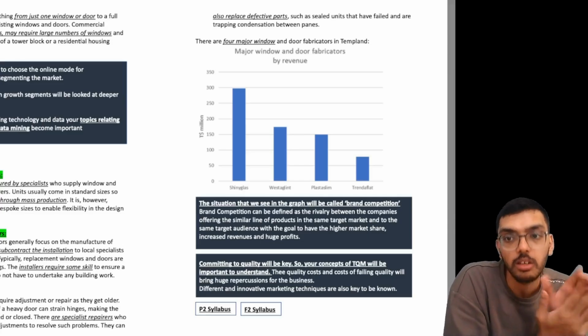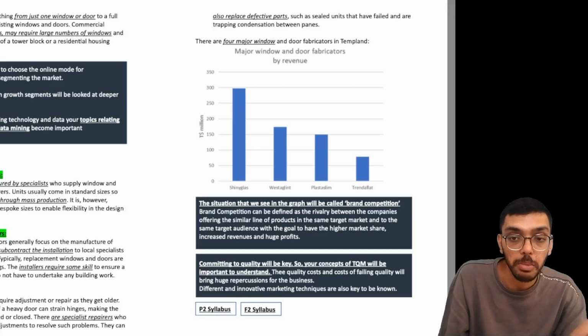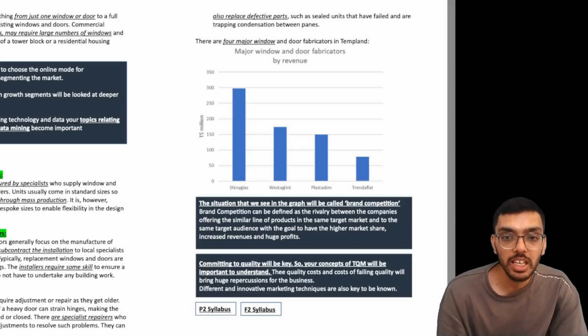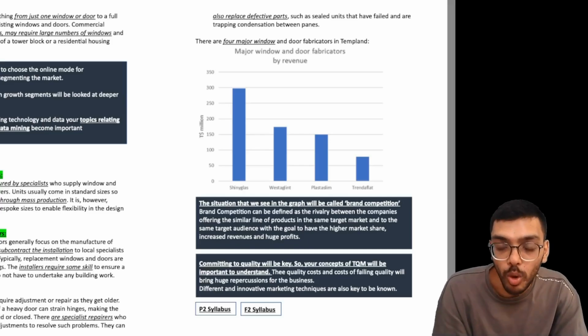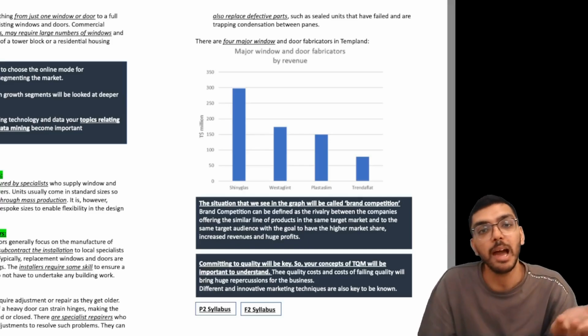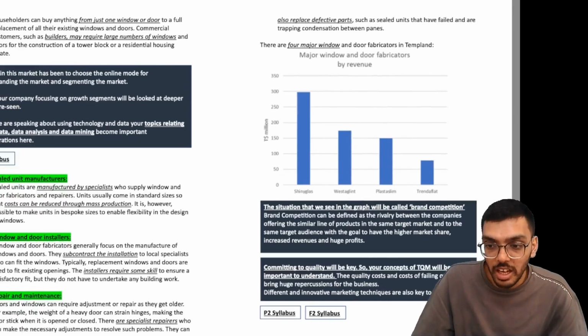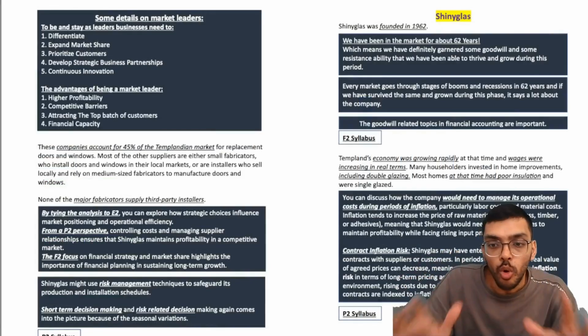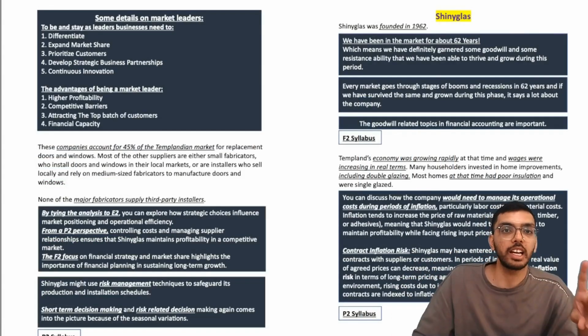Brand management will be important for such a big legacy business. Committing to quality will be key. So your TQM concepts become important over here, because if your quality lapses, your revenue will lapse and the business altogether will lapse. We know that we are the market leaders.